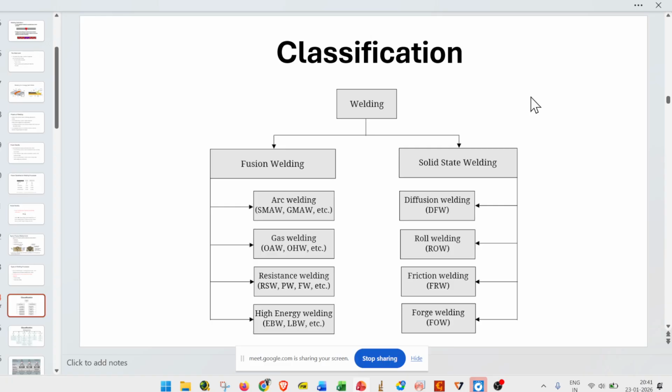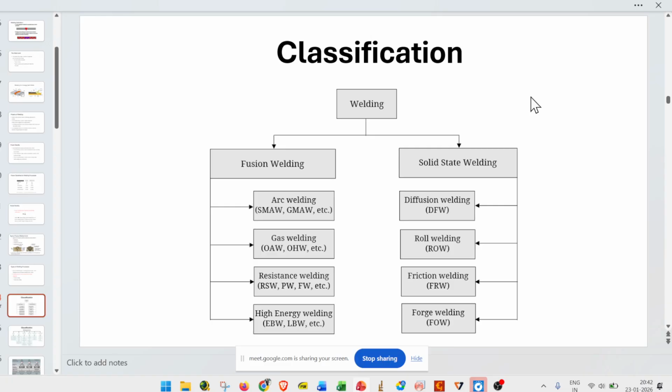The next one is resistance welding. Here heat will be generated by friction and resistance processes. The first one is resistance spot welding. Examples are resistance spot welding and friction welding. In resistance spot welding, we have two electrodes similar to arc welding, but in this case the workpiece sheets are placed between the two electrodes.